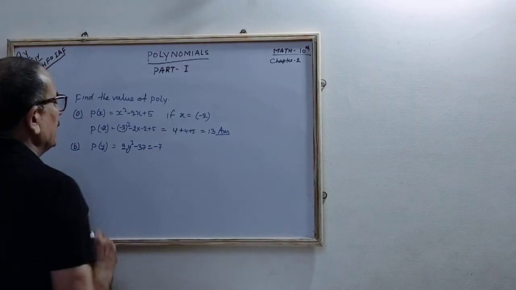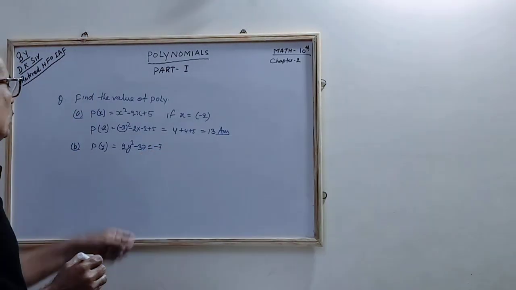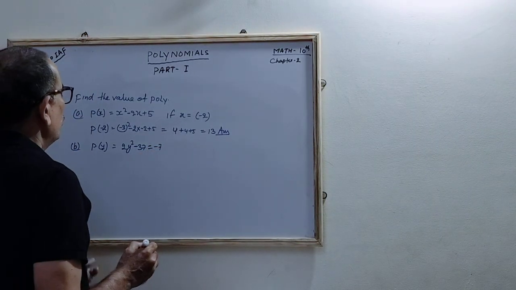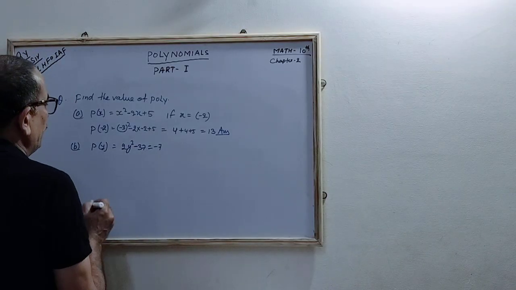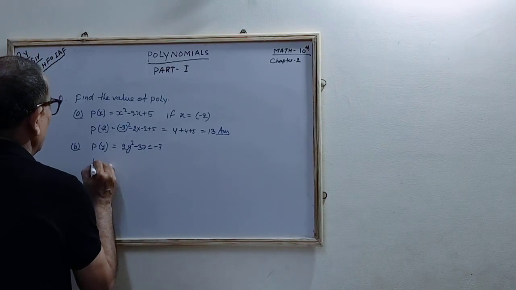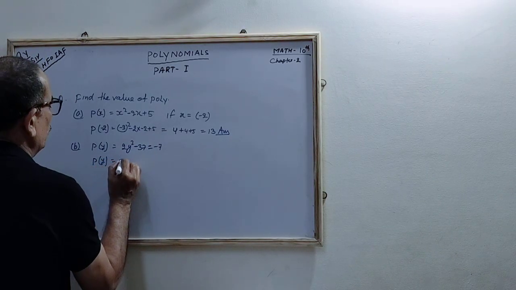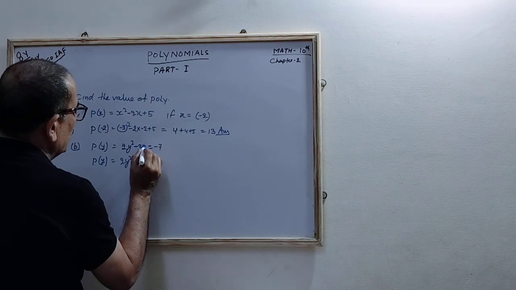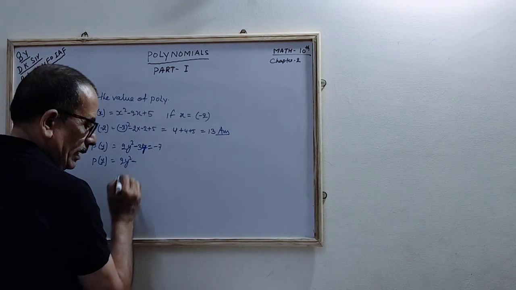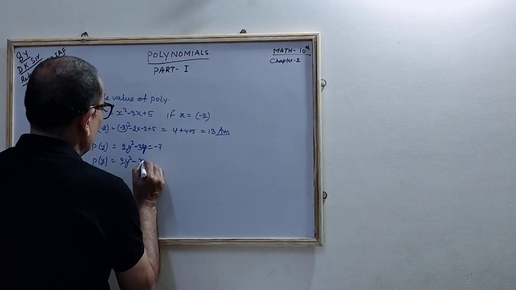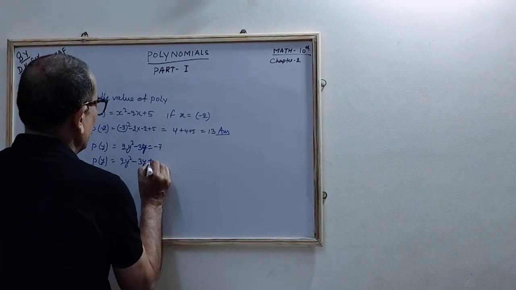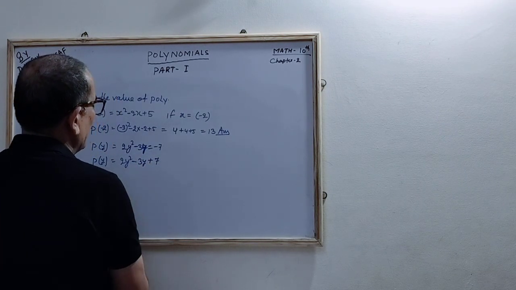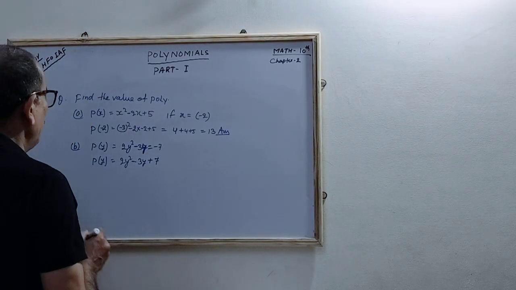So whatever change they have given after the equal sign, don't worry, you put it in the simple form. What will you do? You write p(y) is equal to 2y square minus 3y. So you put 3y, and when it comes here, it becomes plus 7, correct? So you make it simple.